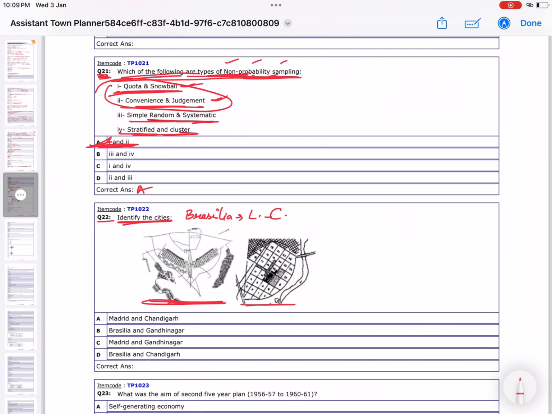And this one here shows Gandhinagar, and the planner of this is H.K. Mewada, and the assistant planner for this one is Prakash Apte.